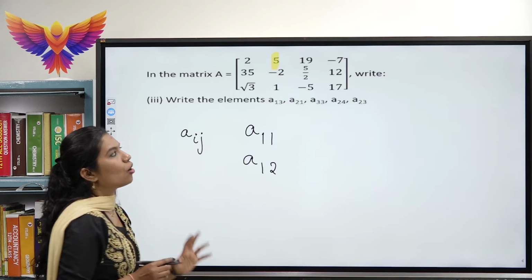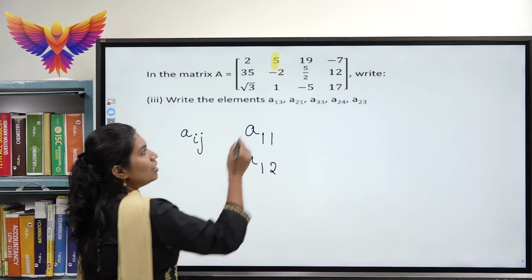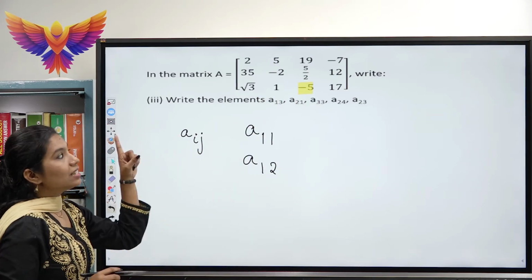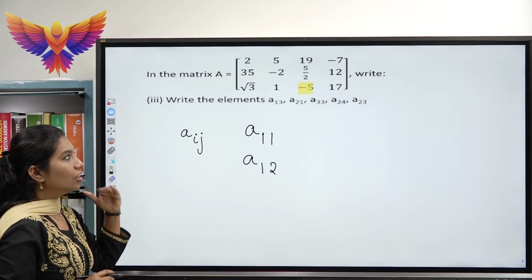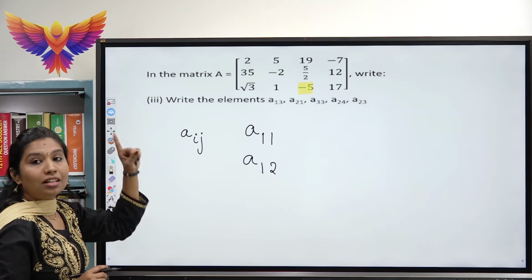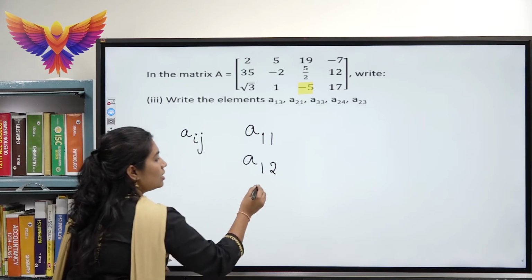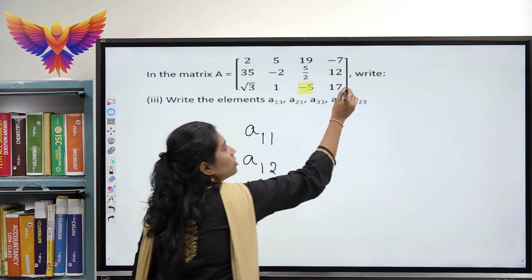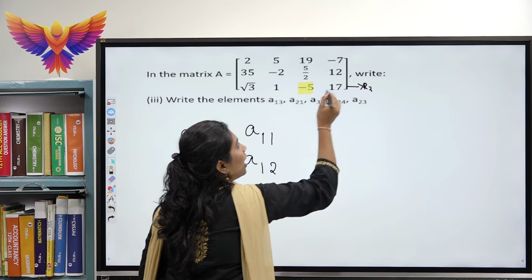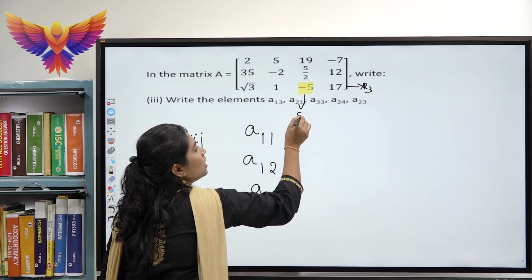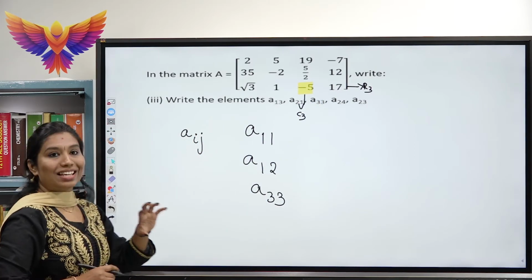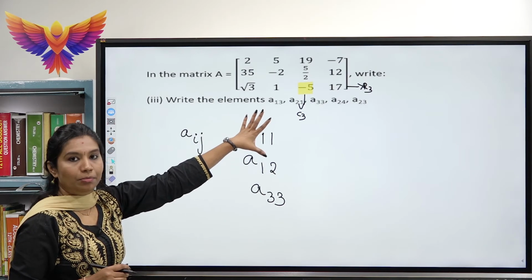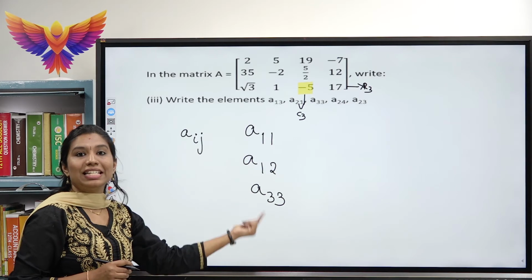Similarly, if I have to find the element which is over here, which is minus 5, it is in the third row and it is in the third column, so that can be written as A, 3 and 3. This is the third row, R3, and this is C3. So clearly I can say that this is the third row, third column, which can be represented as A33.